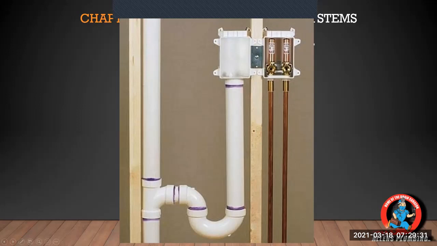Again, this is an inside look of what washer boxes usually look like when they're plumbed in. You have your tailpiece here, your trap goes straight into your sanitary or whatever, your vent line.